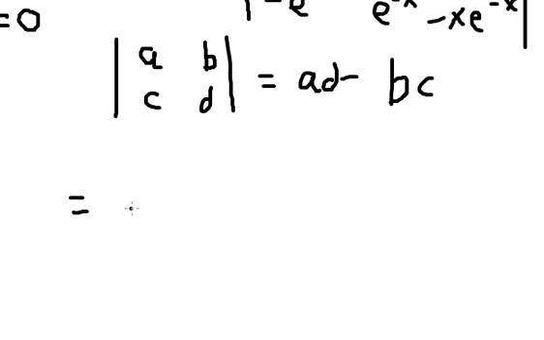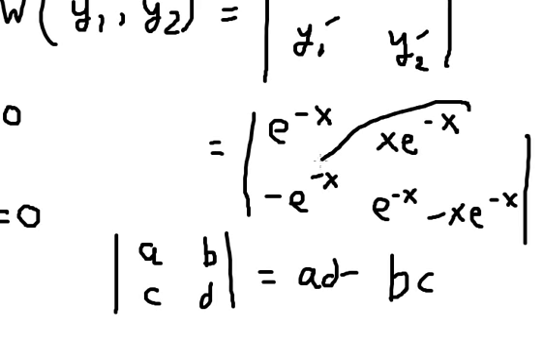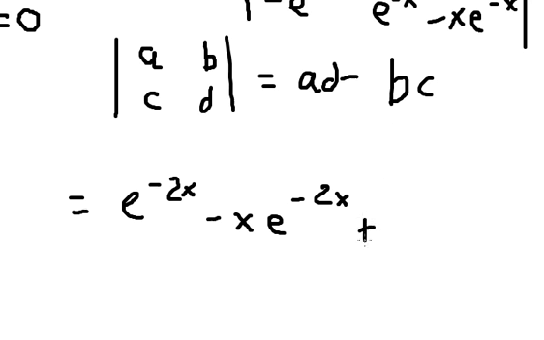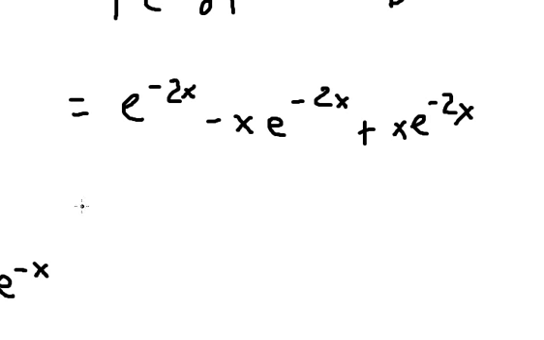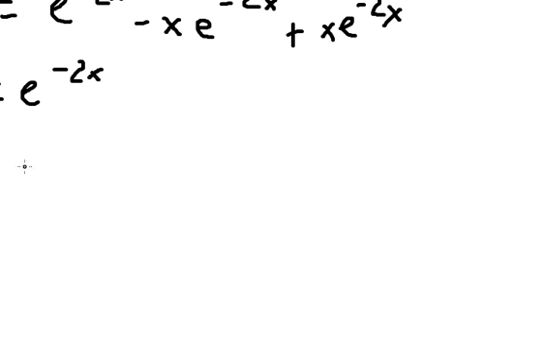So we will have e to the power of negative 2s minus s e to the power of negative 2s. This one multiply, we have negative and another negative, so we have positive. Now we cancel this one and this one. Next, we need to find yp.